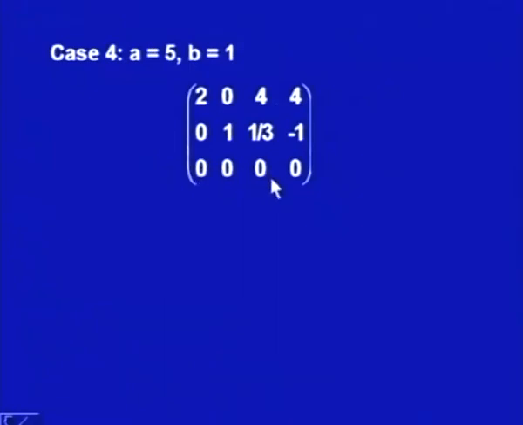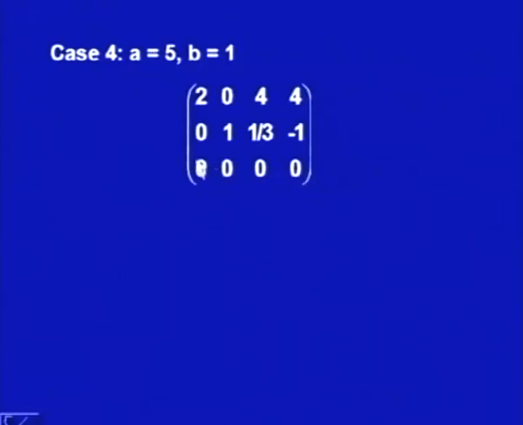That means the rank cannot be 3, because this determinant will be 0. And if you consider this to be 0, then this augmented matrix also will not have rank equal to 3. So the rank of the augmented matrix will also be less than 3.